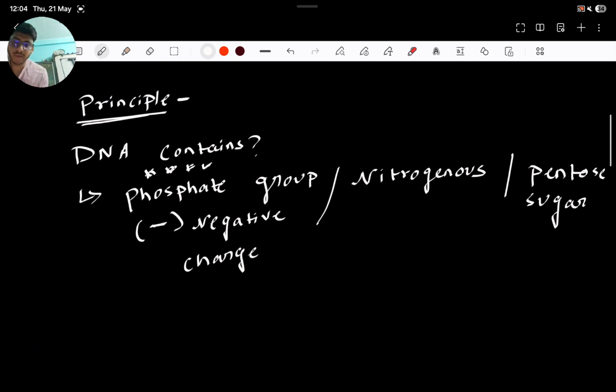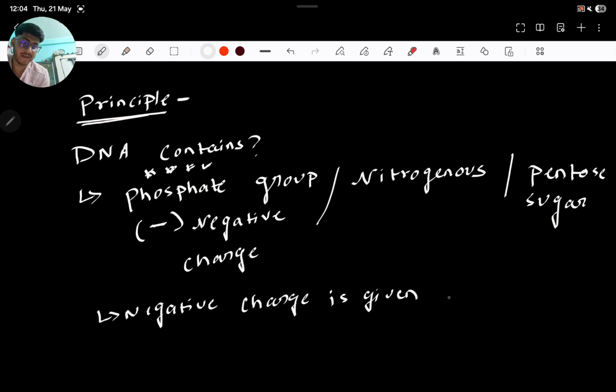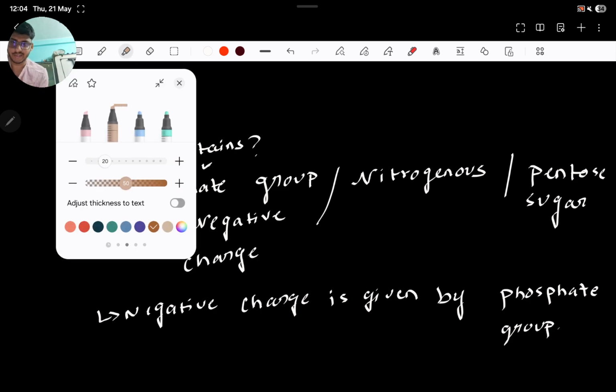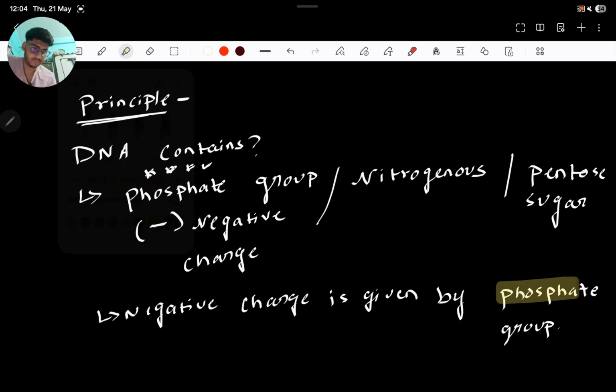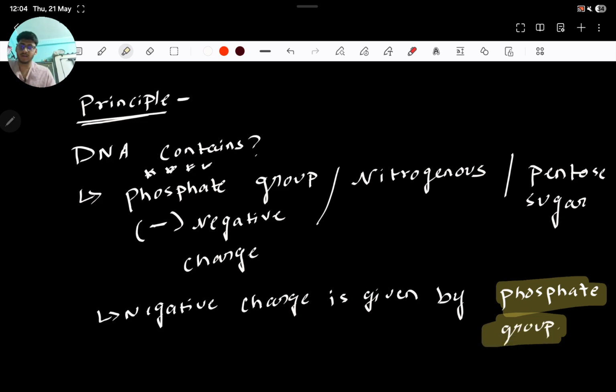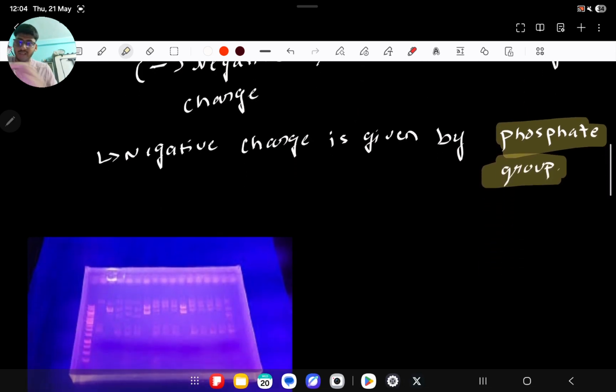So the negative charge is given by the phosphate group. Remember it. Okay, I'm highlighting it. Clear? Now see.